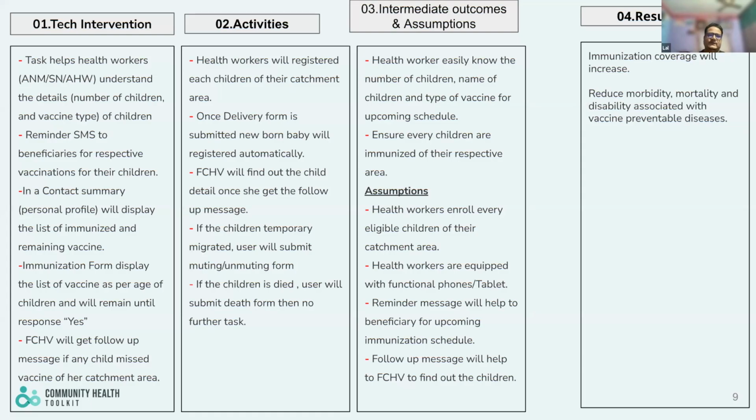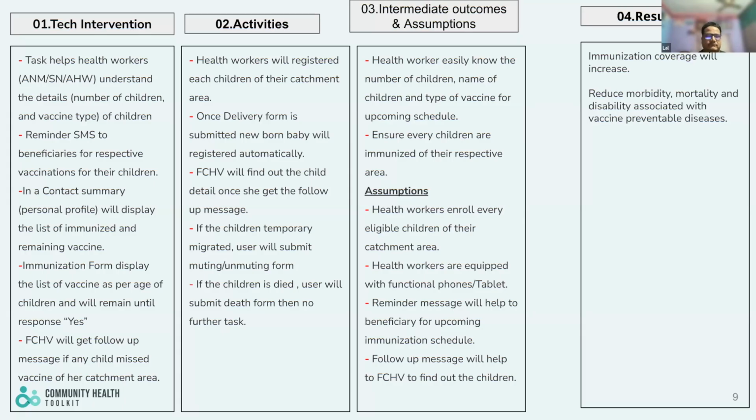The health worker will register each child of their catchment area under the EPI clinics, FCSB area. We can see more detail in the demo, and I previously mentioned that. A newborn baby is automatically registered for the services when we submit the delivery form.